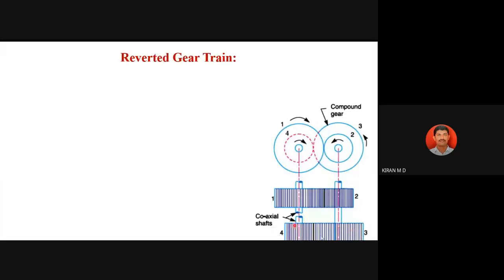To find out the velocity ratio, what will we do? N1 by N2 into N3 by N4, that is T2 by T1 into T4 by T3. Okay.